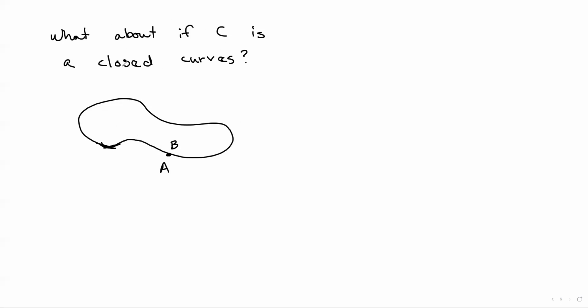Okay, so what about if C is a closed curve? If we've got the integral of F dot dr over C, and C is a closed curve, we know that F dot dr equals f of b minus f of a. So what is f of b minus f of a going to be if b and a are the same? It's going to be 0.